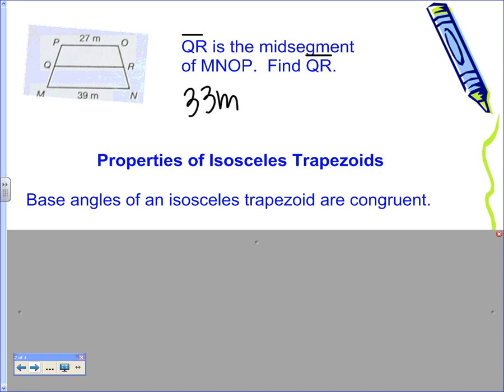These are properties that are specific for isosceles trapezoids. What is an isosceles trapezoid? These two legs are going to be equal.